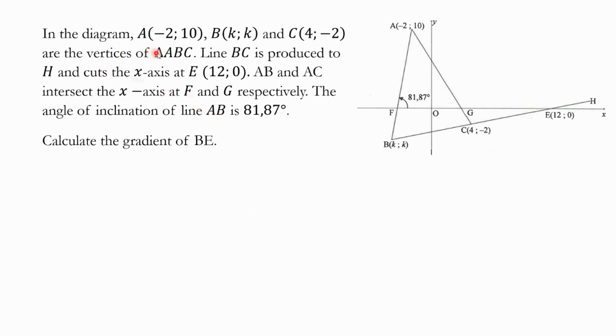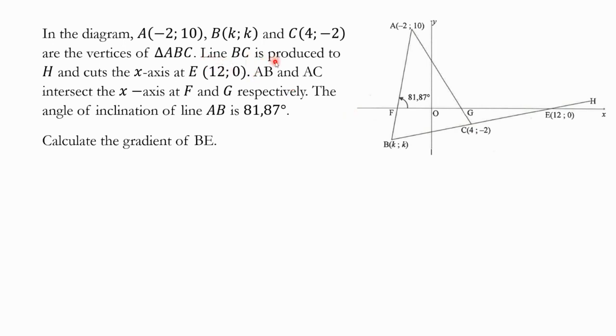In the diagram, A has x coordinate -2 and y coordinate 10, B has coordinates involving k, and C is (4, -2). These are the vertices of triangle ABC.